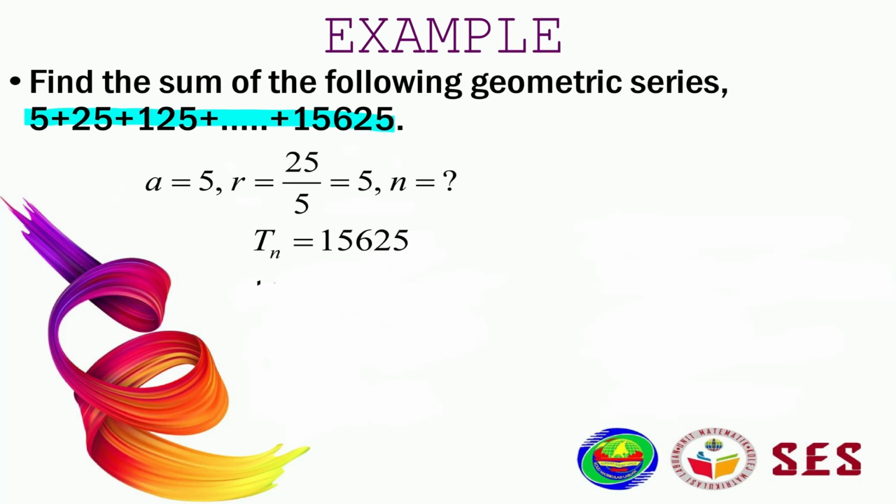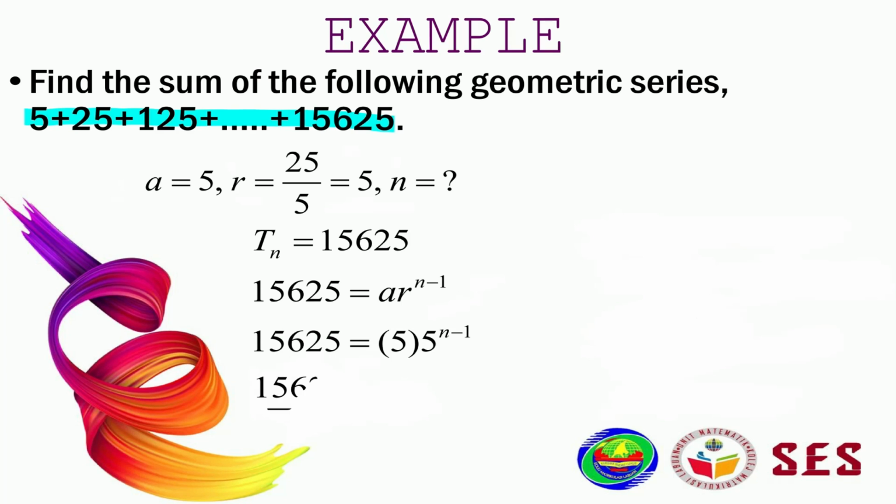In order to find n, we need to use the Tn formula. Our Tn is 15,625. The formula is ar to the power of n minus 1. We already know the value of a and the value of r, so we just substitute into our Tn formula.